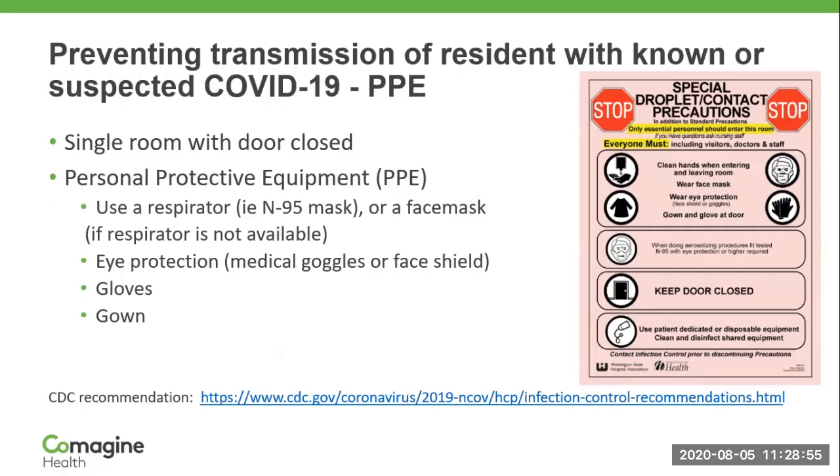So that's a nice one. This is from Washington State. But what you need to do for preventing transmission with known or suspected COVID-19, you need a single room with the door closed and personal protective equipment. The recommendation is an N95 mask or respirator, but you can use a face mask if you don't have respirators.